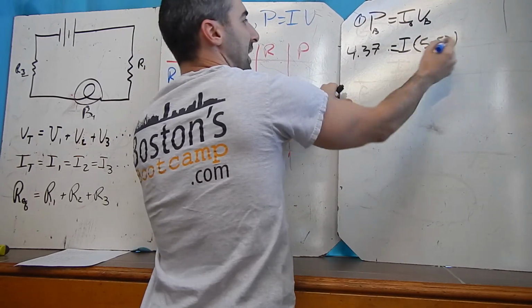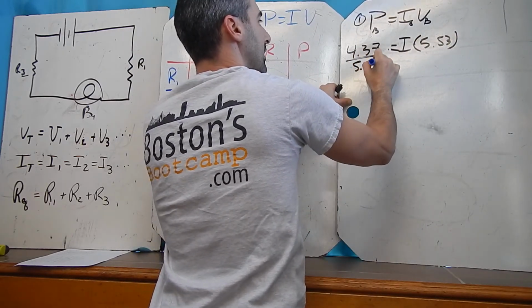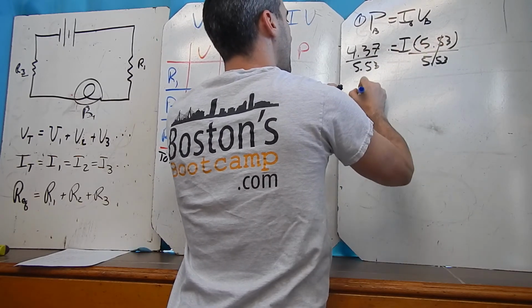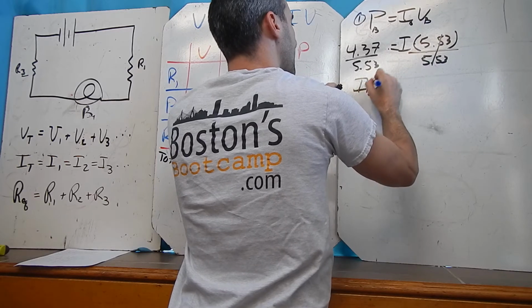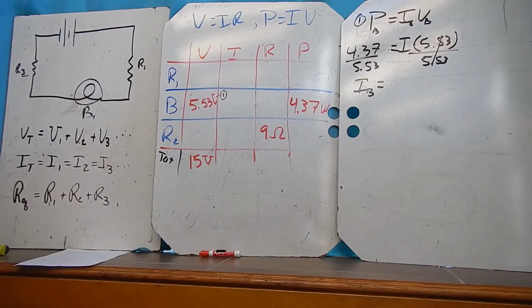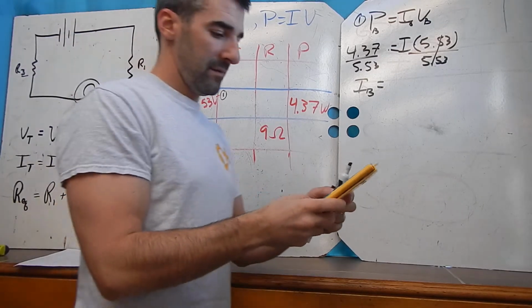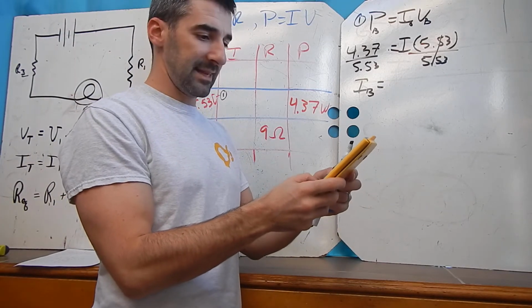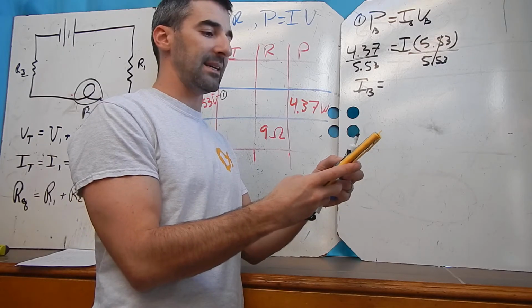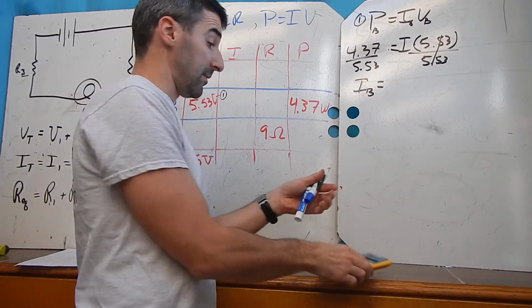So you can see I divide both sides. That goes away. Now my current at the light bulb is, got to grab a calculator, 4.37 divided by 5.53 is 0.7902 blah blah blah 0.79.